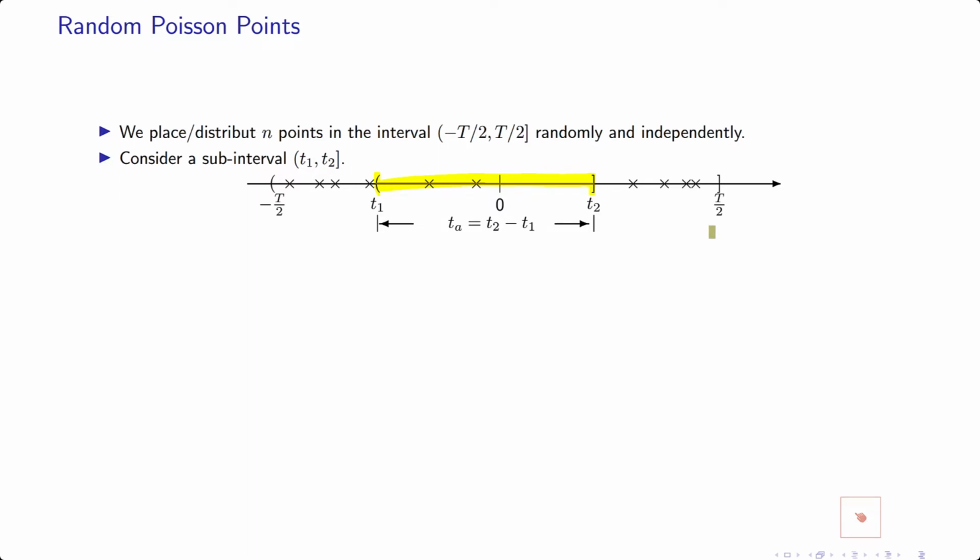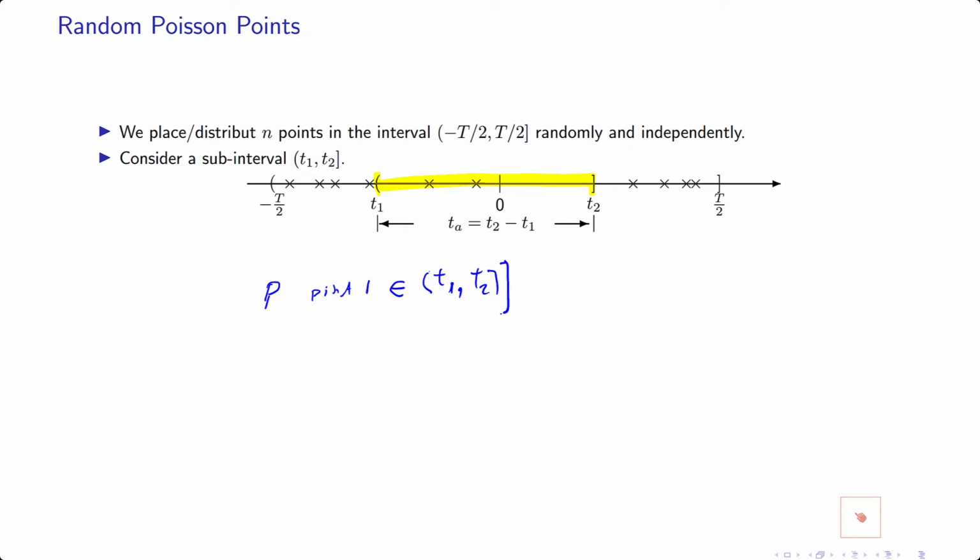So what is the probability that one specific point, let's say point 1, falls in the interval of t1 and t2?